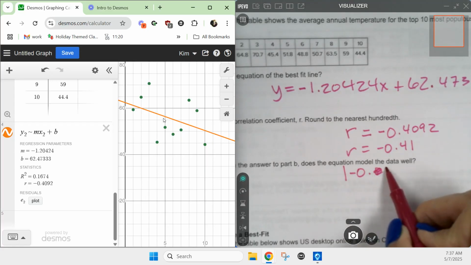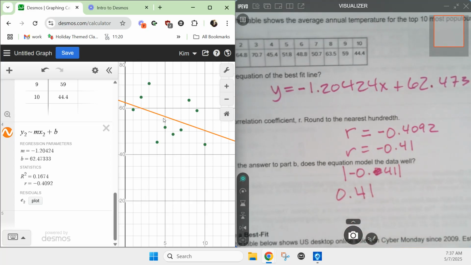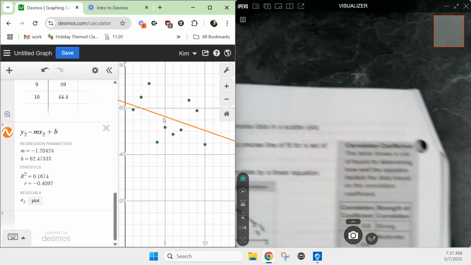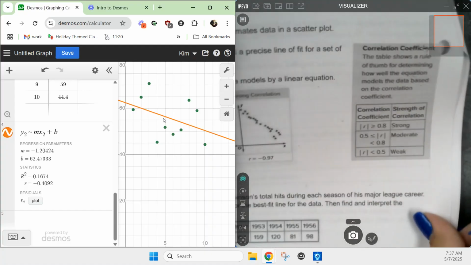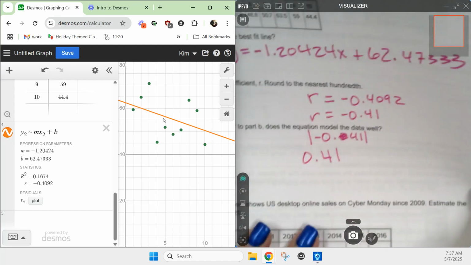So if I take the absolute value of that, I'm going to get 0.41. So that's a positive 0.41. So I have to come back over here and look at this. So this is less than 0.5. So that means that this is weak.